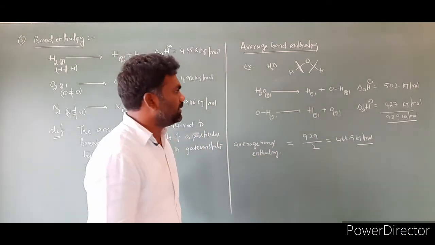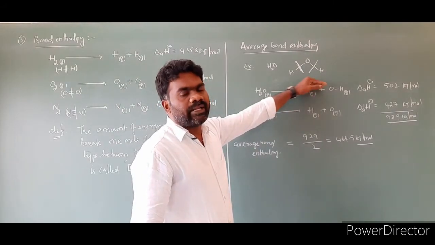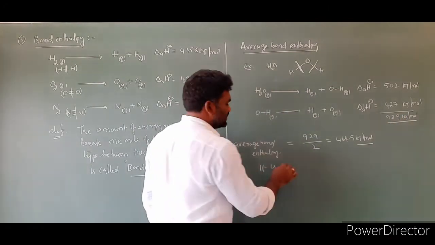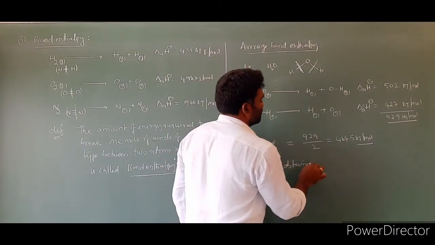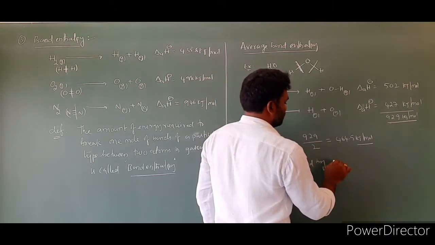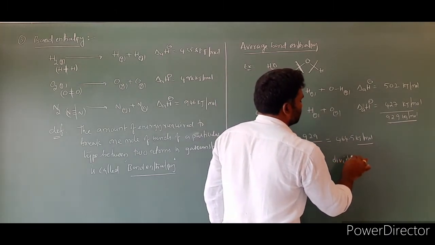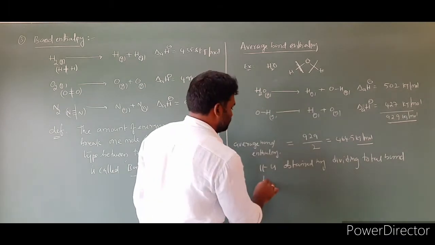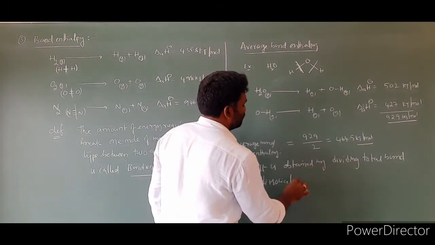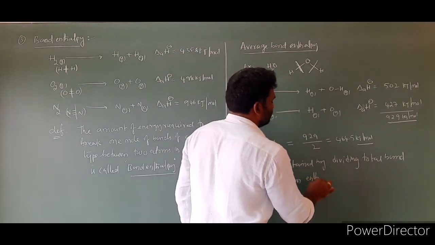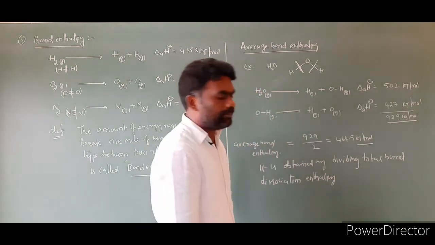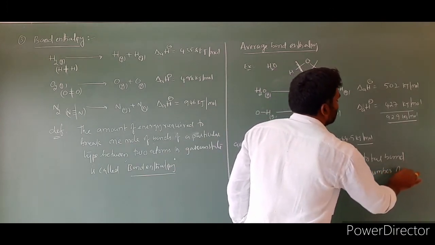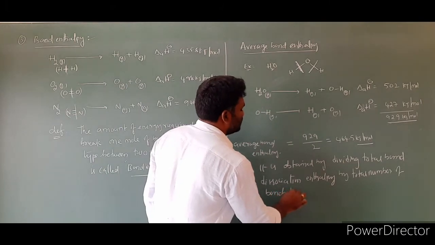So how to get the average bond enthalpy? The average bond enthalpy is obtained by dividing the total bond dissociation enthalpy by the total number of bonds broken.